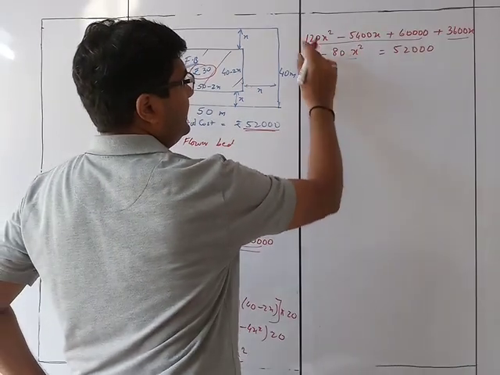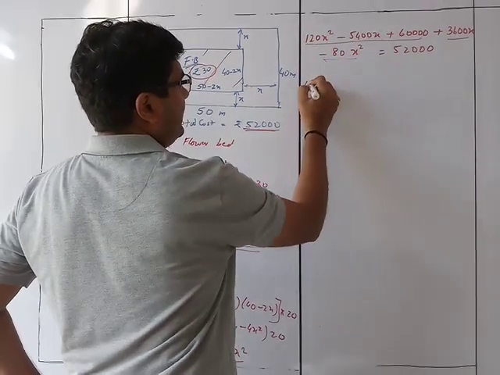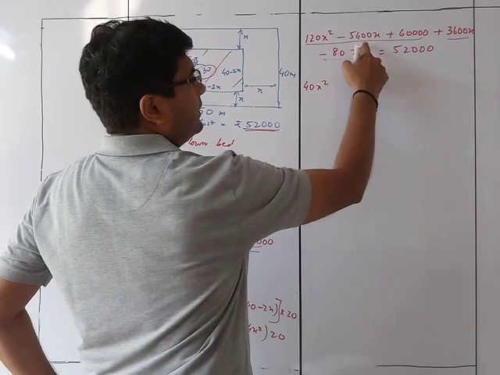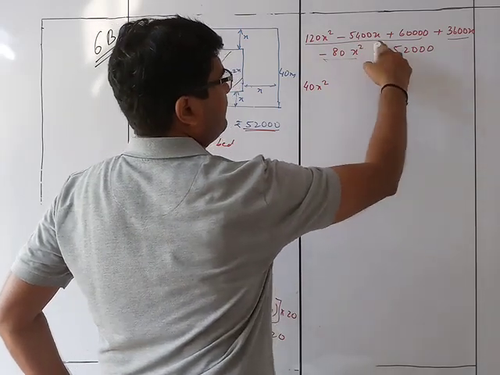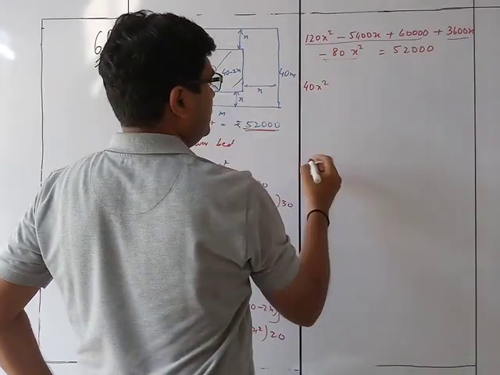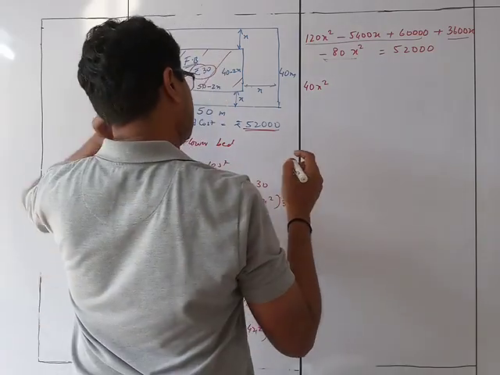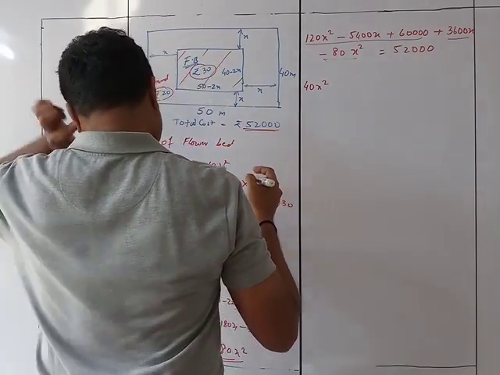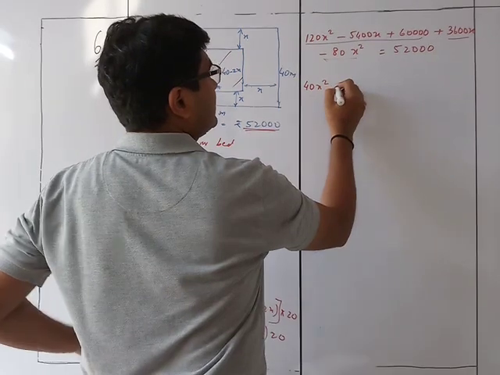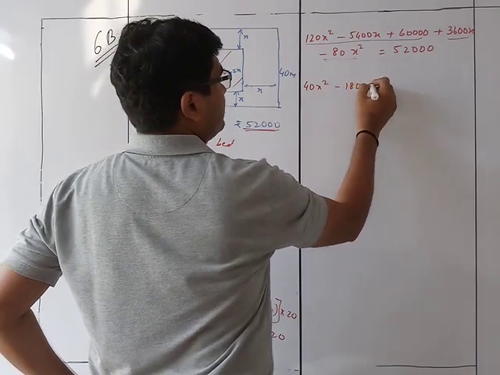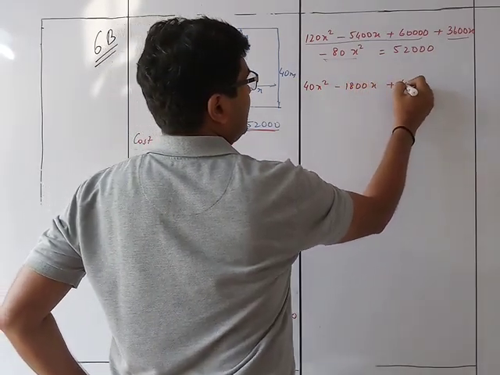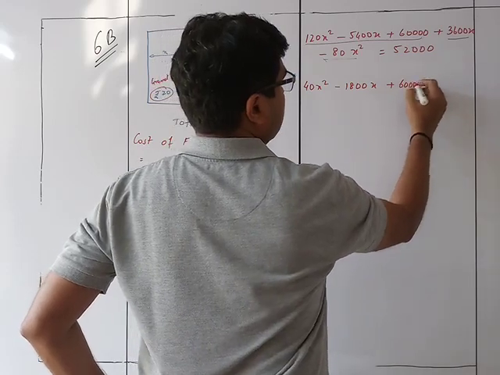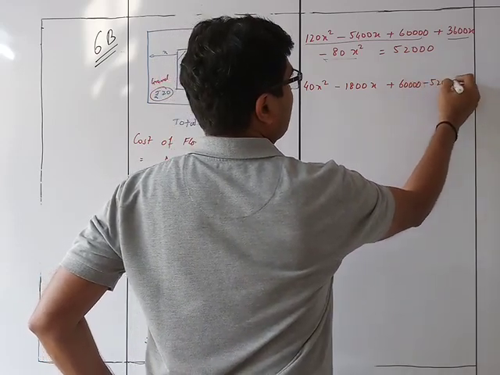So x square terms give 40x square. These x terms: this is 5400, this is 3600. So 54 and 36, 18. So it is minus 1800x plus 60,000 minus 52,000 is equal to 0.